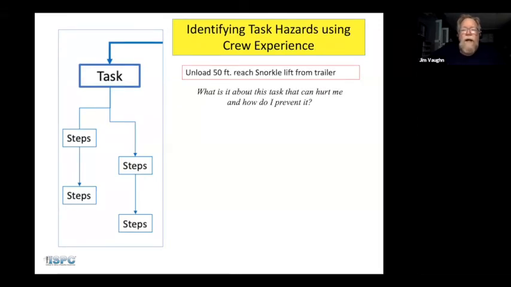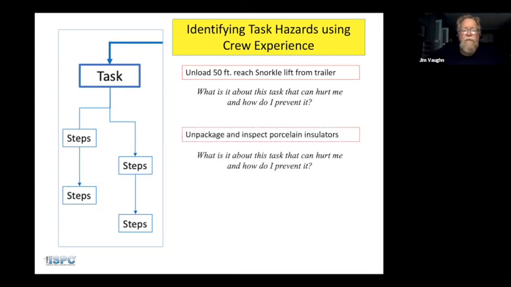So once we've done that, now we have a basis to do an accurate hazard analysis because we're talking about each of the tasks in the process. And you see here, I've got a mention up here of unloading a snorkel lift from a trailer. This is one of those things that gets missed, because it's not seen as part of doing the work.